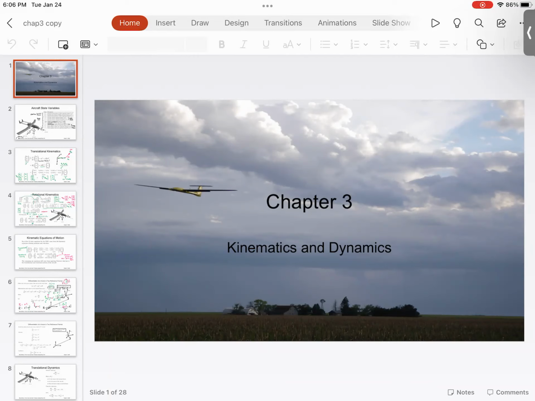In today's class, we are going to focus on, again, kinematics and dynamics. And this topic is very, very important because the equations that we derive at the end of this lesson provide the output to the animation we have created.